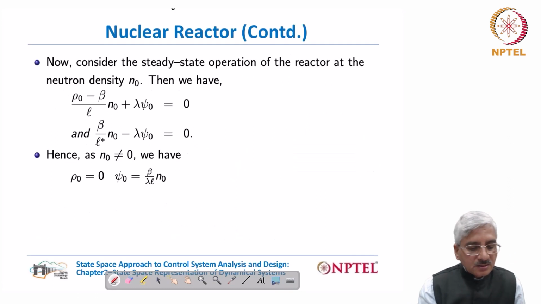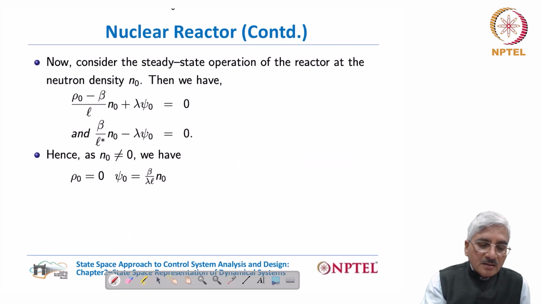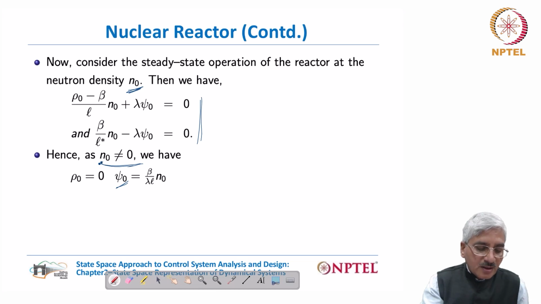So we consider the steady state, where the neutron density is n0 and the delayed neutron precursor concentration is ψ0, and then those two equations can be written like this. Because n0 is not 0, the neutron density is larger than 0, and only then is the reactor operating meaningfully.